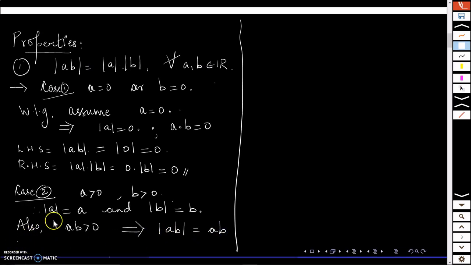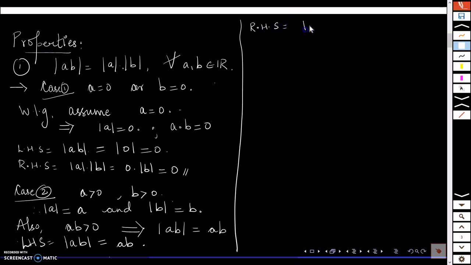Now the left hand side of this expression is mod ab, but ab being a positive number, this is going to be ab because the number ab is positive. By definition of modulus, this is going to be ab, right? And the right hand side of that expression would be mod a into mod b.